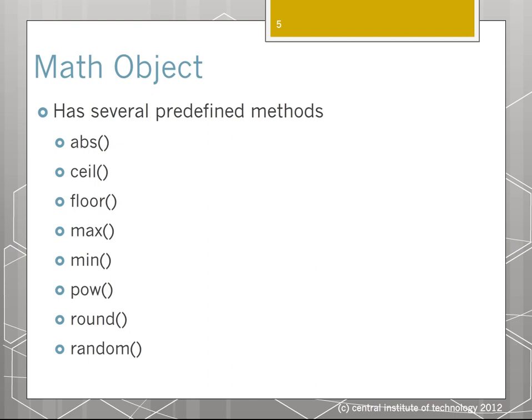Pow returns one number to the power of another number, so squared or cubed numbers. Round returns a number rounded to the nearest integer, and random returns a pseudo-random number between 0 and 1. So 0 is inclusive, 1 is exclusive.